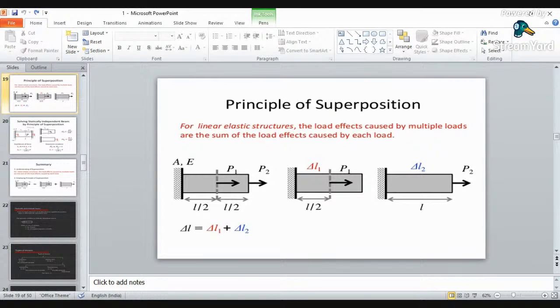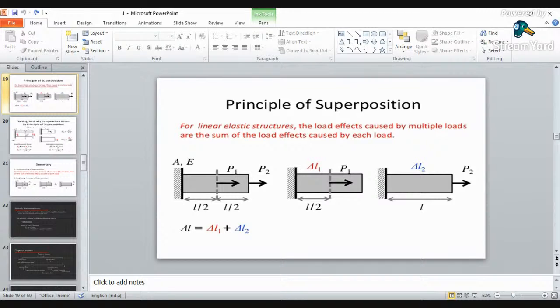Now observe this figure. Here, one load P1 is acting at half the section, at a distance of L by 2, and another load P2 is acting at a distance of L from point A. So the total deformation will be the deformation caused by P1 plus the deformation caused by P2.